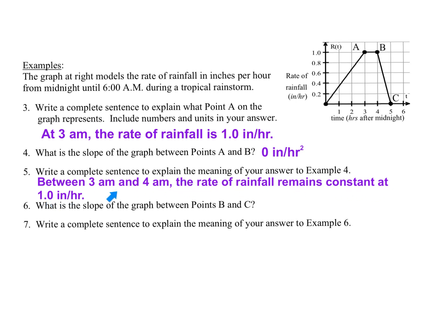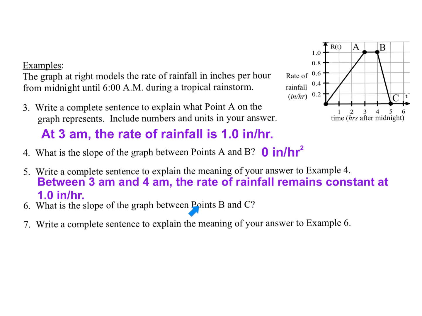Between 3 a.m. and 4 a.m., the rainfall rate remains constant, or stays the same, something like that, right? It's still raining, just the rate isn't changing. And that's the key, that when we identified what type of graph we were looking at to begin with, that was what's important.